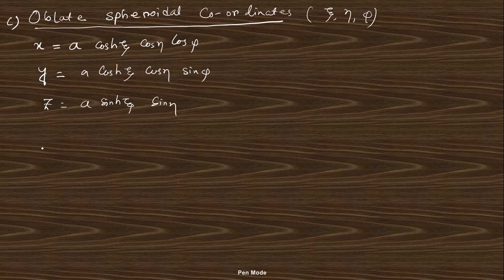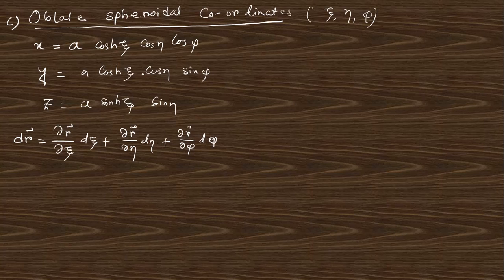So if you want to find dr vector, this is nothing but del r vector by del xi d xi plus del r vector by del eta d eta plus del r vector by del phi d phi.